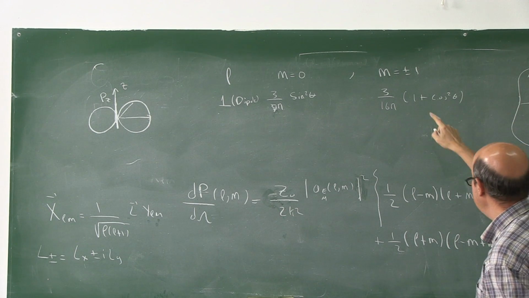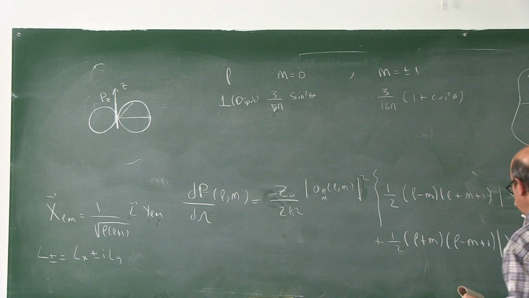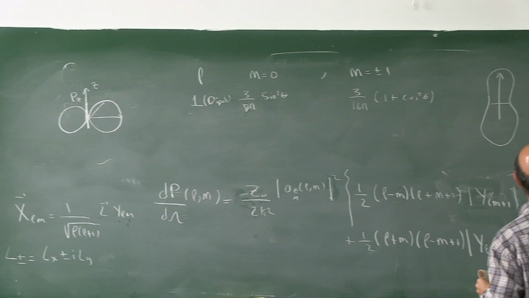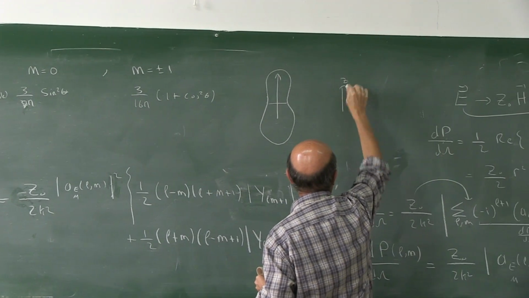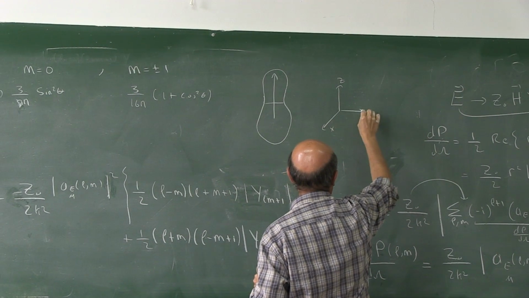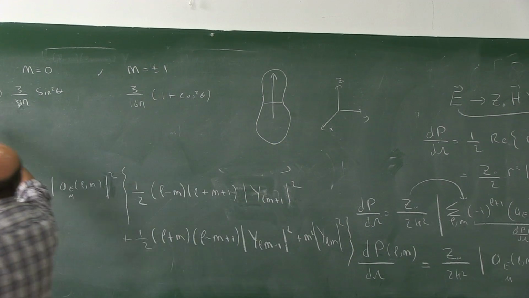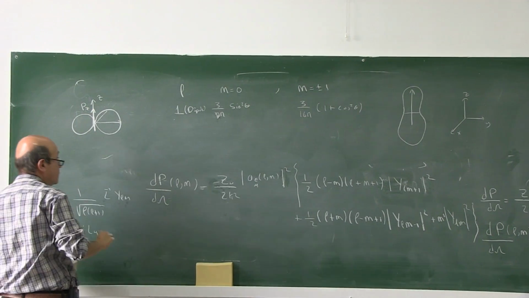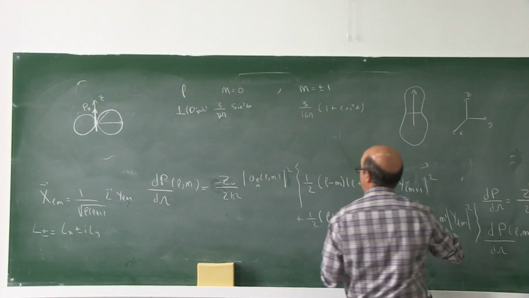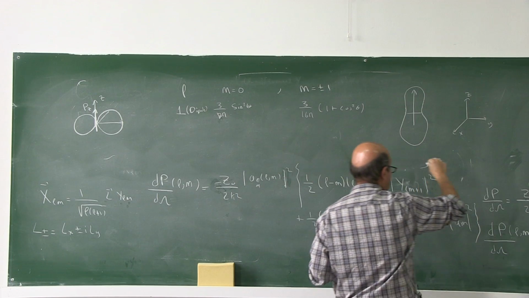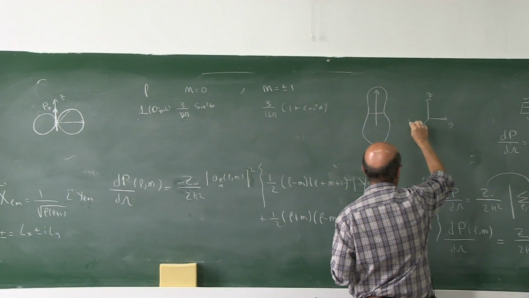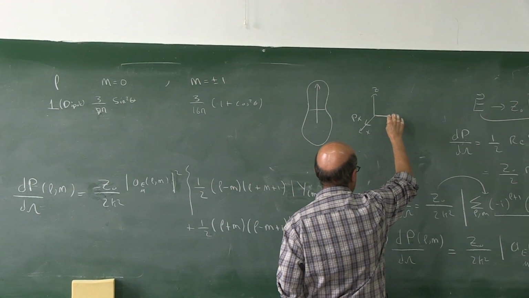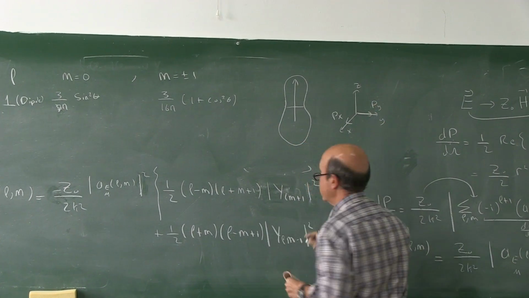But basically, M plus 1 and M minus 1 correspond to the following. If you have the z-axis, x-axis, and y-axis, L equal to 1, M equal to 0 corresponds to your dipole along the z-axis. L equal to 1, M equal to plus 1 is the dipole along the x-axis, and minus 1 represents the electric dipole along the y-axis.